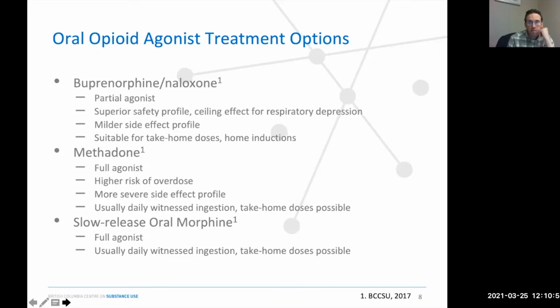Number one, it's a partial agonist, which means it partially activates the opioid receptor. And this is in contrast to full agonists such as methadone or morphine, or almost all other opioids that we think of traditionally as opioids like fentanyl and heroin and oxycodone and hydromorphone, which are all full agonists.